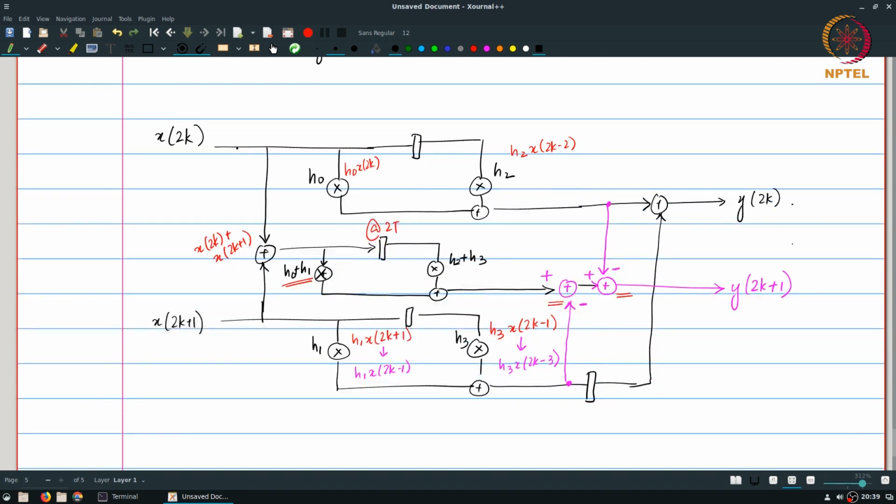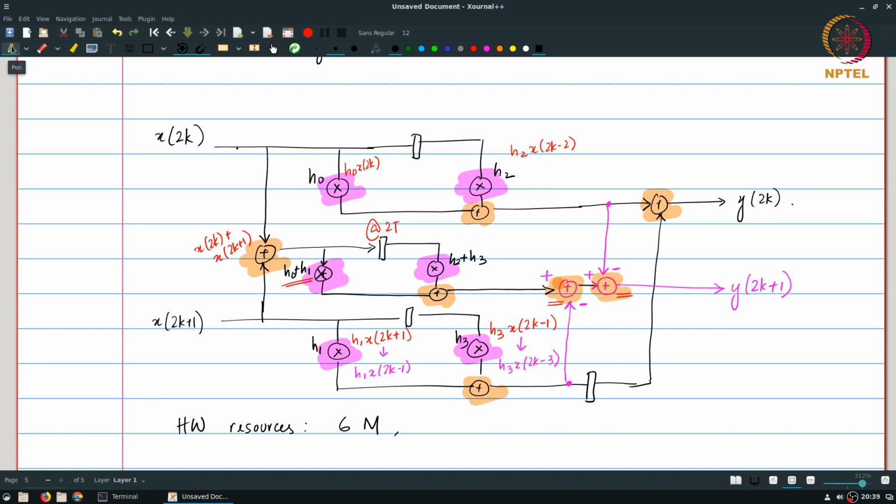If you count the total number of hardware resources, what you find is we have 1, 2, 3, 4, 5, and 6 multipliers here in total, and the number of adders that we have is 1, 2, 3, 4, 5, 6, and 7.